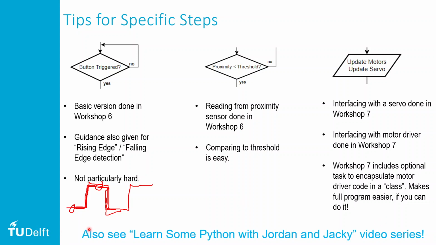Over the past couple of months, Jackie and I have been making a series of videos called Learn Some Python with Jordan and Jackie. Just today, I have uploaded the videos that we've got so far to YouTube, and I'm going to be linking those in Brightspace. By the Monday of week 6, you'll have access to those videos.